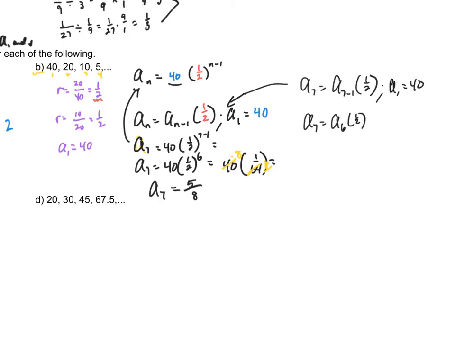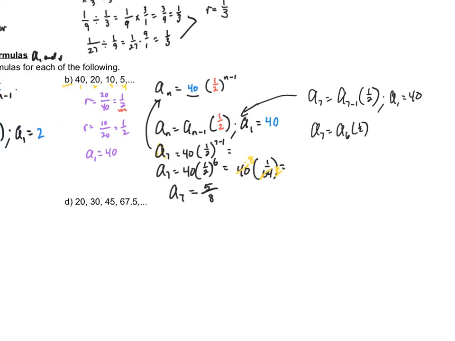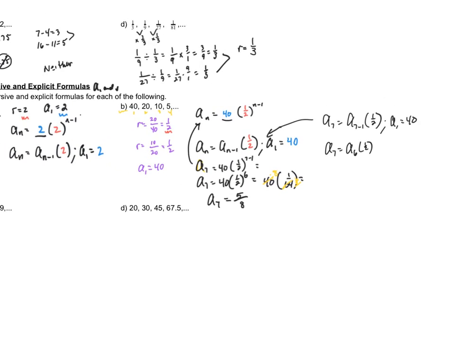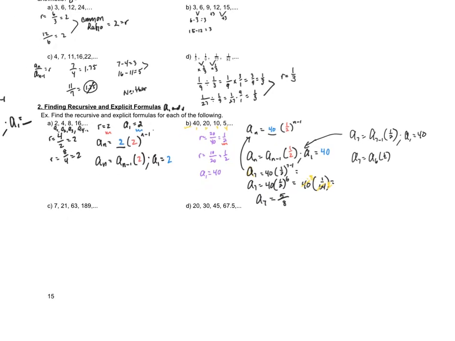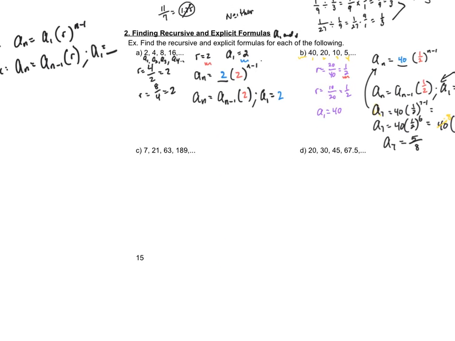We don't have a6, so we have to follow the equation again to find a6, and in order to solve for a6, we have to have a5. In order to solve for a5, we have to have a4. So the recursive formula allows you to find the next term based on the previous term. The explicit formula allows you to go through and do whatever term number you want.